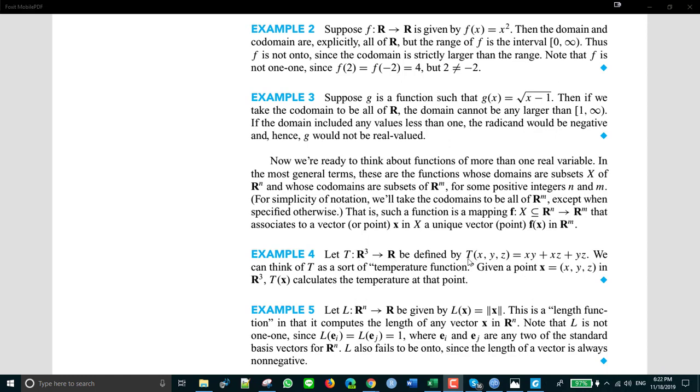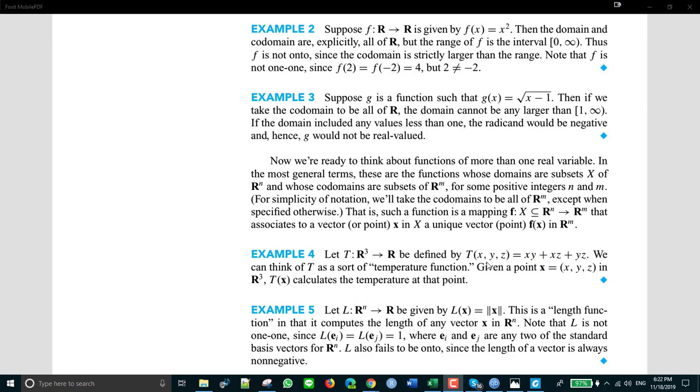So the function is called t, and it's a function from R3, so that means we have to specify 3 inputs. So we have x, y, and z, and this is the output. So this output has to be in R.